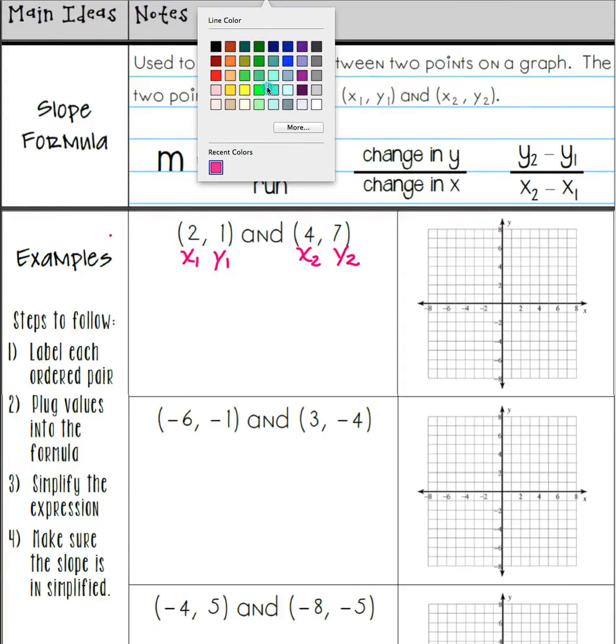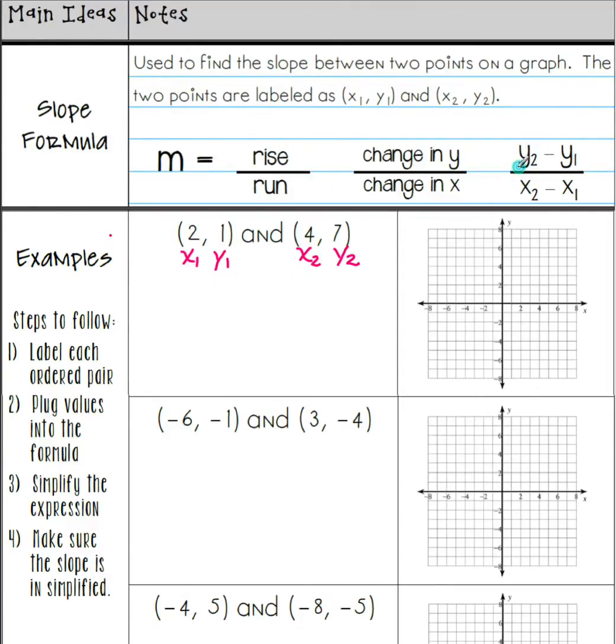So when we plug these values into the equation, I need my y sub 2 first, so I'm going to have 7 minus our y sub 1, which is 1, divided by our x sub 2, which is 4, minus our x sub 1, which is 2. 7 minus 1 is 6, and 4 minus 2 is 2.